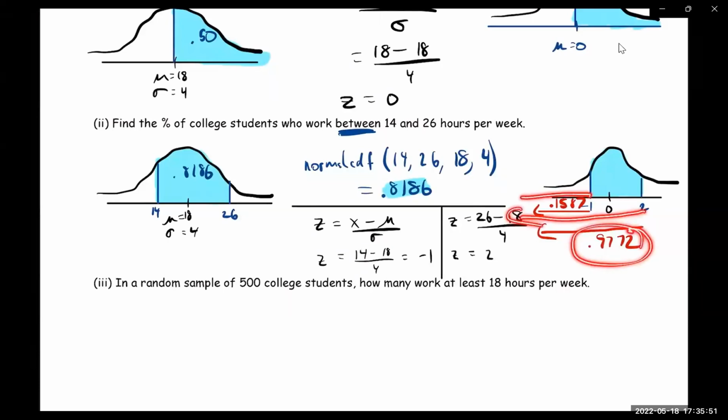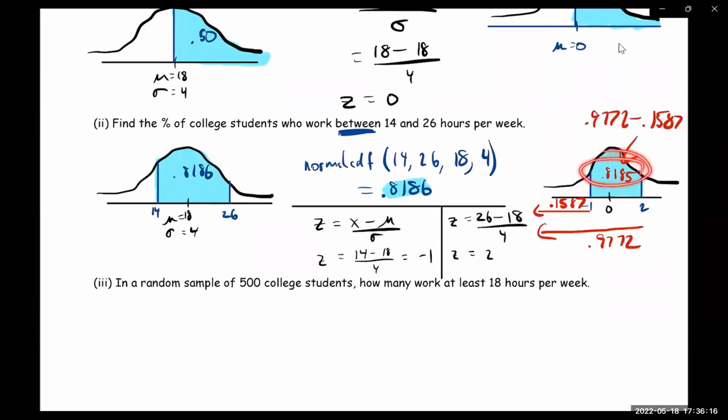From here to here, it's 0.1587. The way you find in between, you always subtract. So you're going to get 0.9772 minus 0.1587. That's going to give you the middle portion, which is 0.8185. As you can see, it's super close to the calculator answer. So that means we did it right.